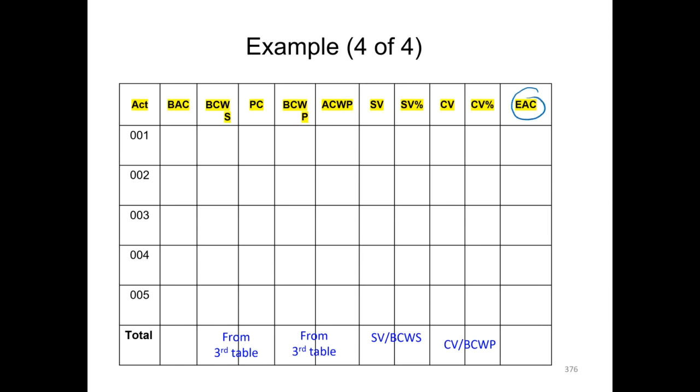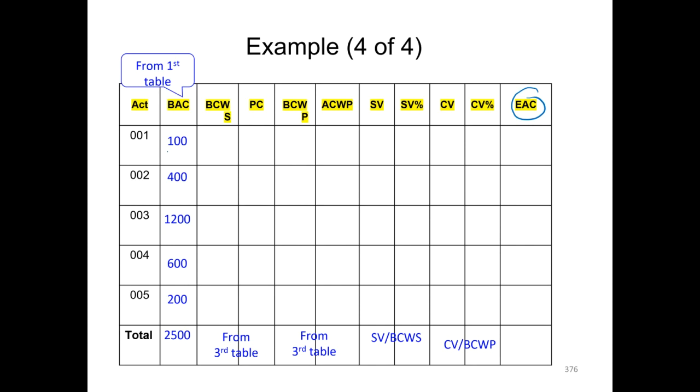So mind you, you have been told the total budget of this job is 2500, but based on the progress which is being made, we will estimate what is the total cost at completion. So the first activity is to identify the budgeted cost at completion. So this has been provided in the question.